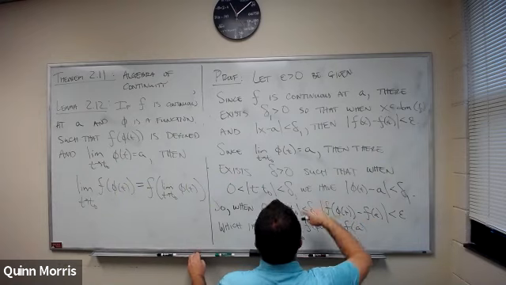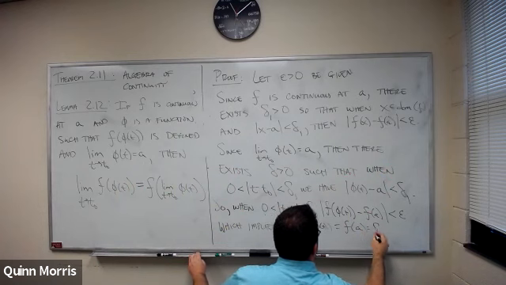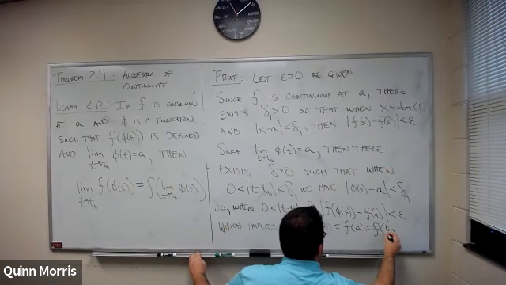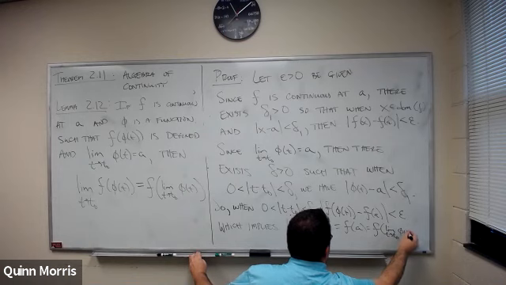But what was a? A was just the value of the limit, so this is f of the limit as t approaches t naught of phi of t.